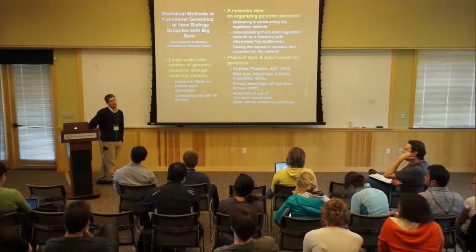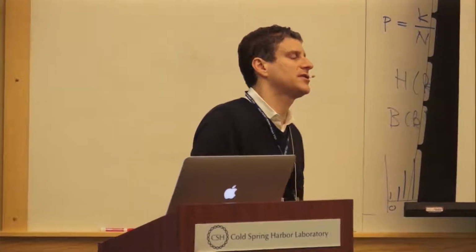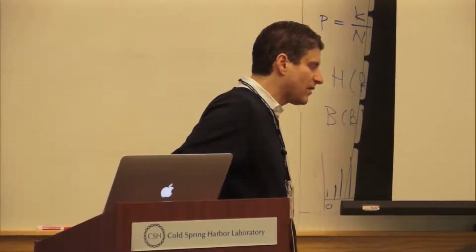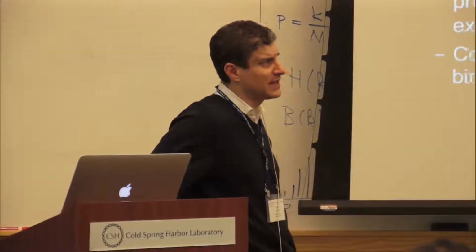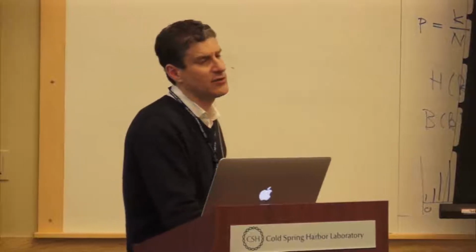That's a good question. The question is, are the small number of transcription factors that predict gene expression less cell line specific? That's an interesting question. I don't know if we have the complete data set that we could use for that, but I don't think that is the case. Here's the reason.